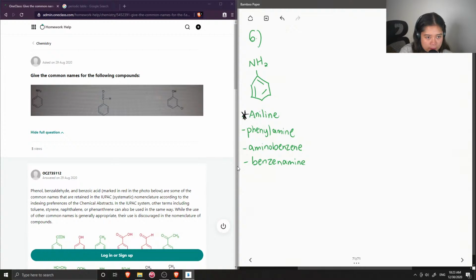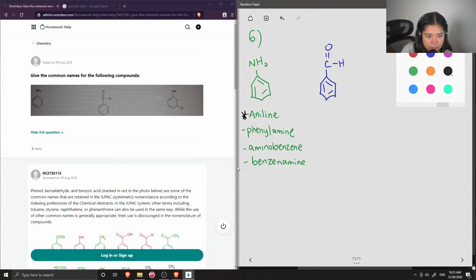Now let's look at our second compound. We have another benzene ring, but this time there is a single aldehyde attached to it as well.